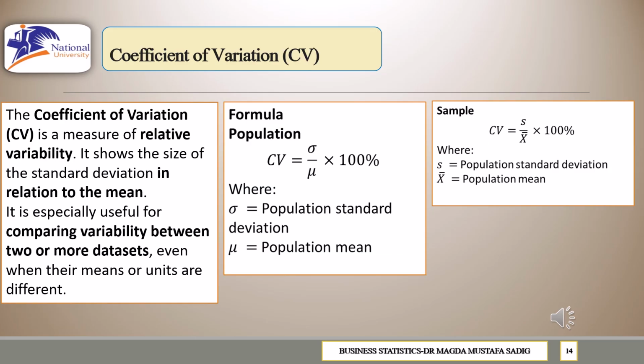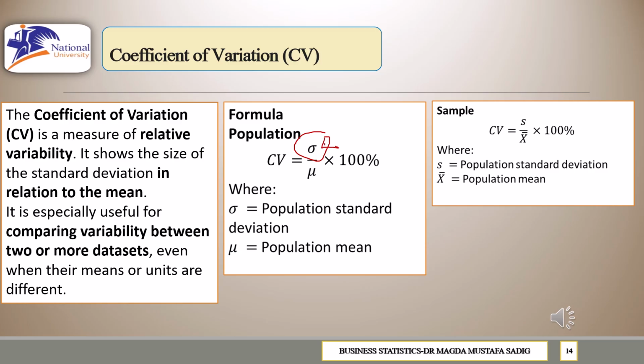The coefficient of variation is presented as a measure of relative variability that expresses the size of the standard deviation in relation to the mean, and is useful for comparing data sets with different means or units. So the coefficient of variation, or CV, is equal to standard deviation, presented here by sigma.